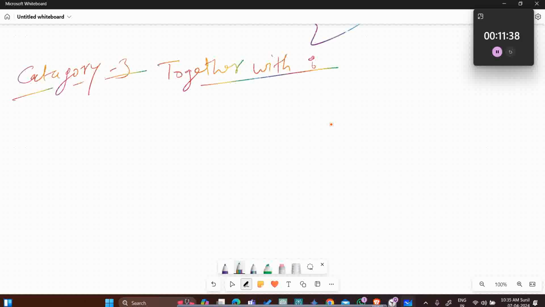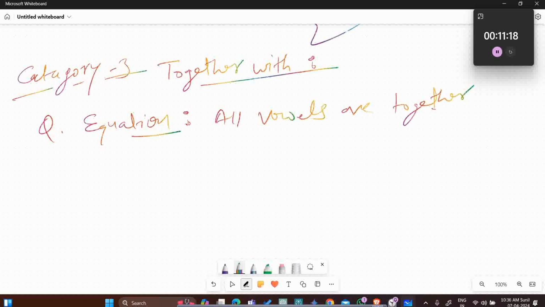The first question we solved for this category is, let's say the word is EQUATION, and it says all vowels are together. What is the permutation for this?